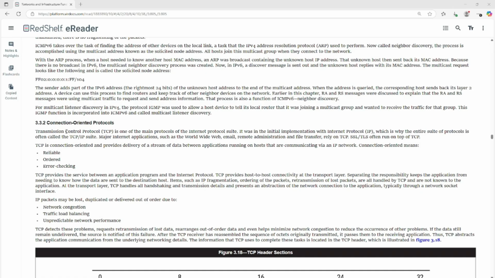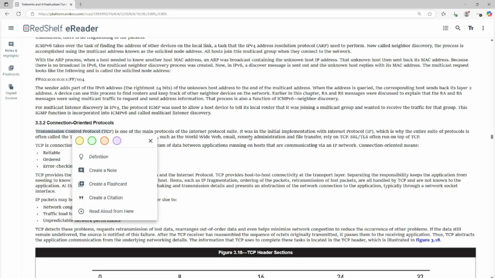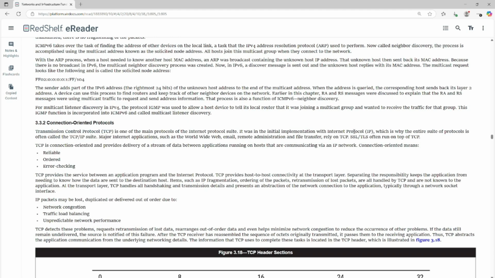When it comes to connection-oriented protocols, the first thing you have to keep in mind is that it is TCP that's involved, Transmission Control Protocol. And the characteristics of TCP are very important for you to keep in mind.